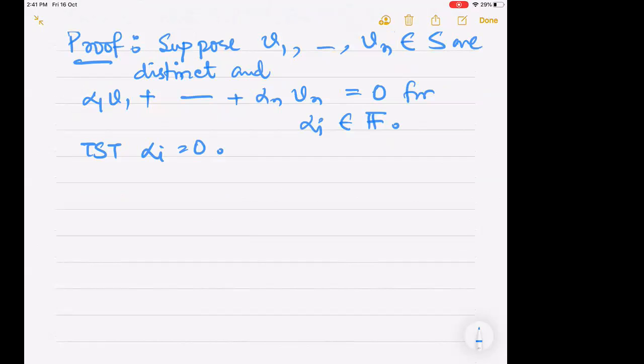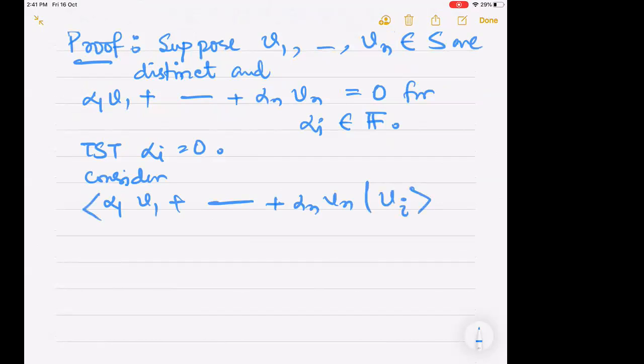So consider alpha 1 v1 plus up to alpha n vn, scalar product with vi. This is the scalar product with 0, so that is also 0. This 0 is a vector 0, this 0 is a scalar 0.